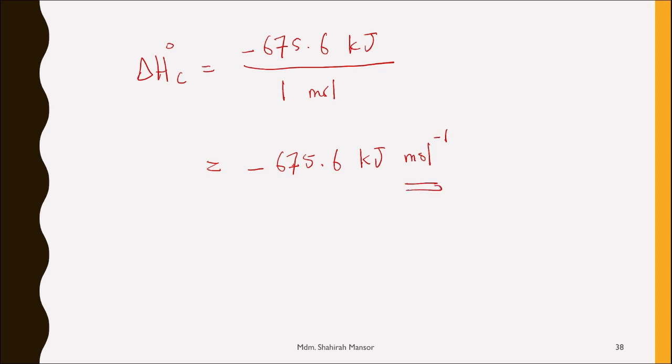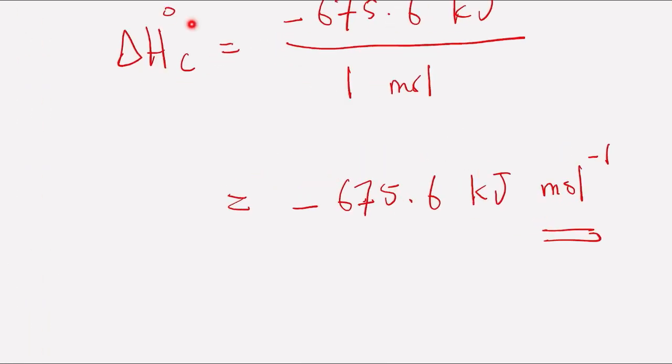Because in this standard enthalpy of reaction, we know the specific reaction, that is combustion. So for any question, if you know the specific name of the reaction, your final answer of the enthalpy must be in kilojoule per mole.